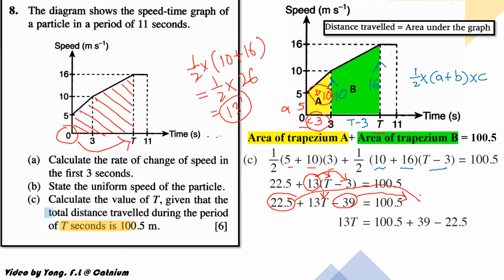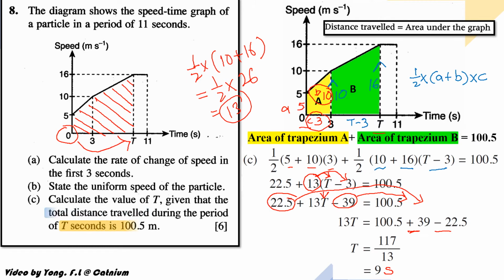After moving, 22.5 becomes negative, and 39 negative becomes positive. Then we continue and simplify. To obtain t, it is divided by 13. Then t is 9. So t is 9 seconds.